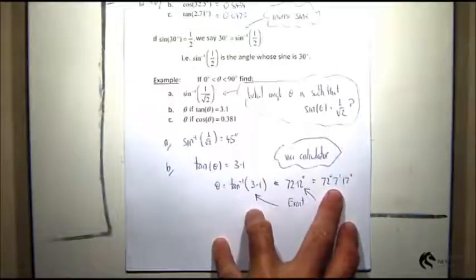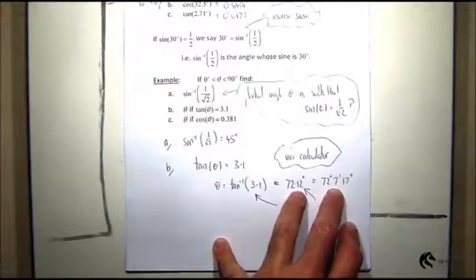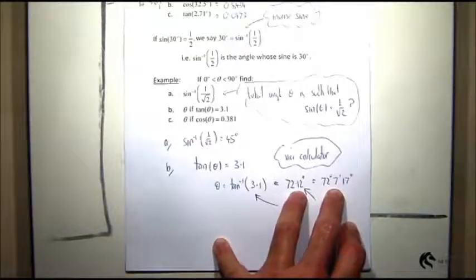It should have a little apostrophe, then 2 apostrophes or something like that. Have a look on your calculator. Most calculators have a convert from decimal degrees to minutes and seconds button on it somewhere. Again, if you can't find it, come and ask me. I might be able to find it. I'm not very good with calculators.